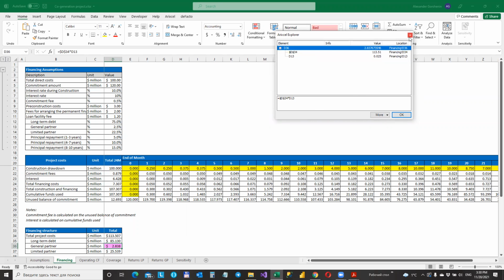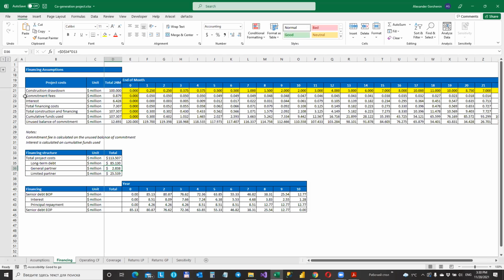I highly recommend you to dive into this model and try to understand the modeling logic, business logic, how that is applicable for this model, and probably it will help you to develop your own models and evaluate projects.